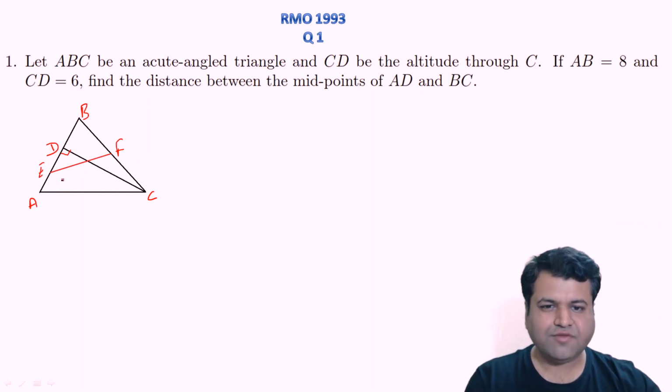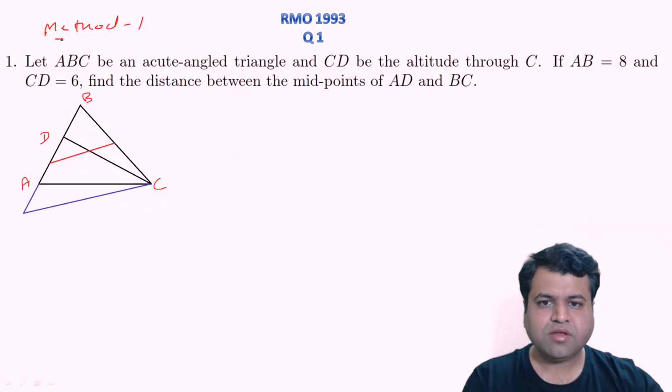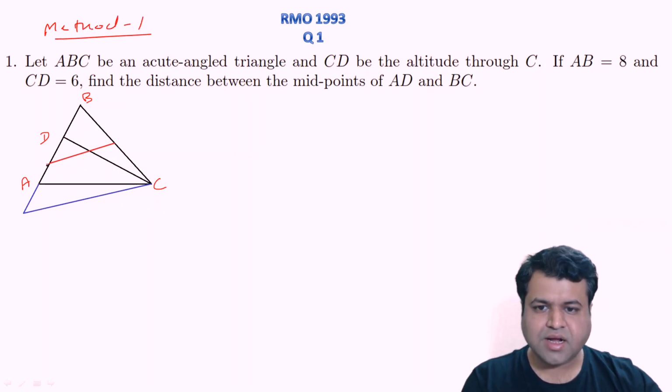Okay, we will solve this question by two methods. Let's take a look at method 1. In both the methods, we will be doing a little bit of construction, right? So this is method 1 of this question. Let's say this is point E and this is point F. So we have done a construction.